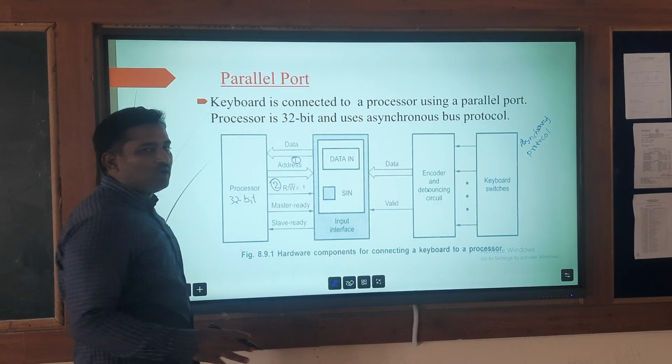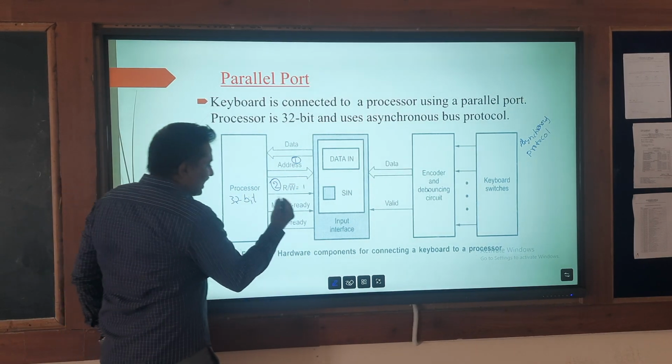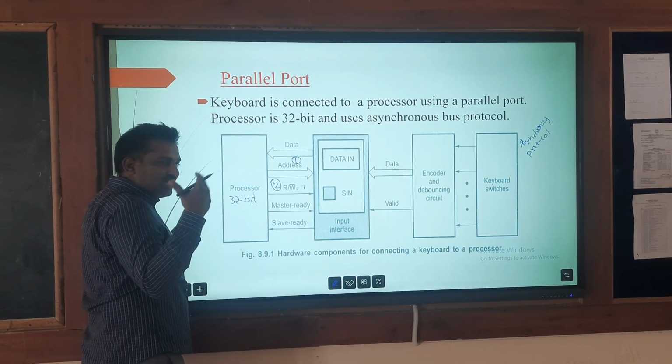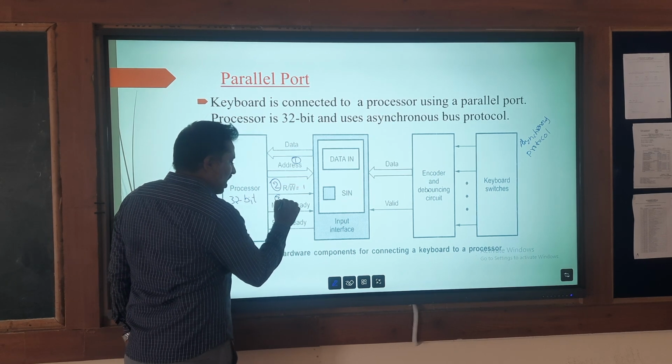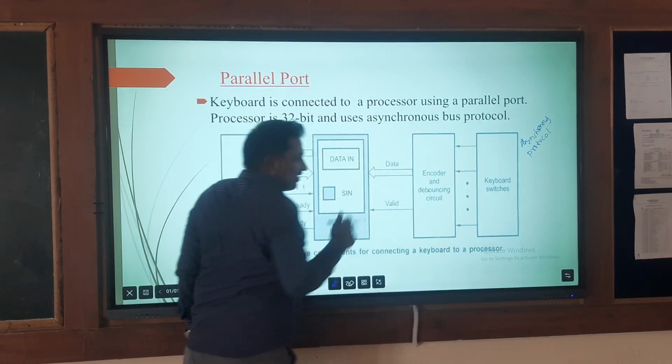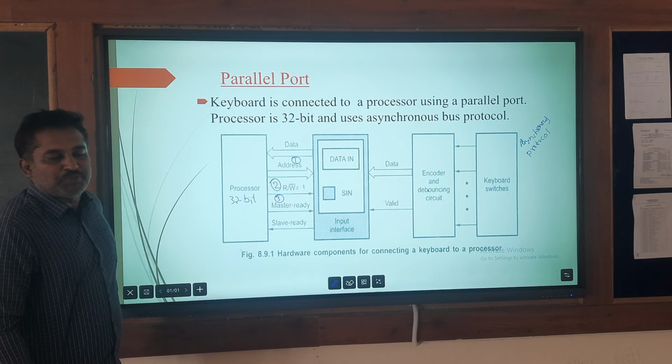Next, what is the next step we have to perform? First, the processor assigns the address to the input device. Next step is the read operation is assigned. The next one is that the processor has to assert the master ready signal and inform the slave device that the processor is ready to participate.